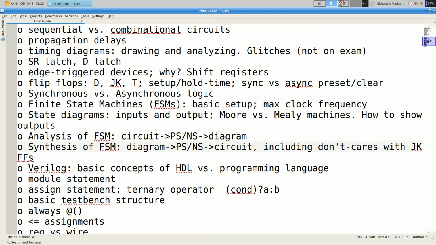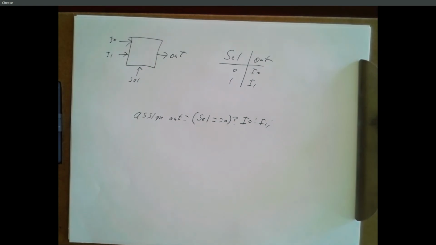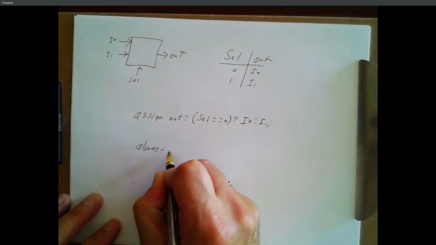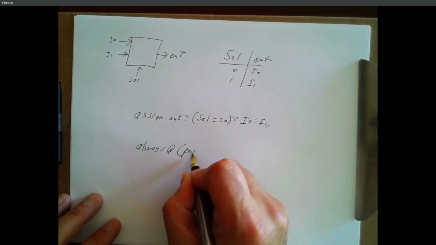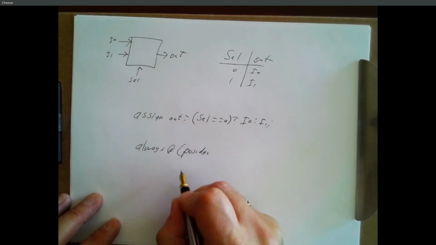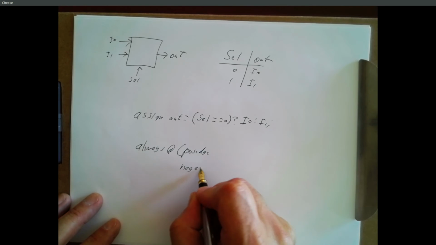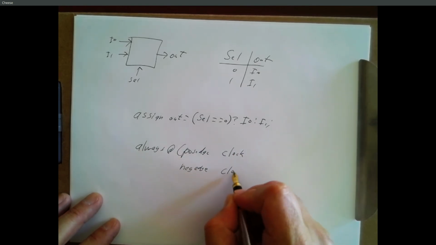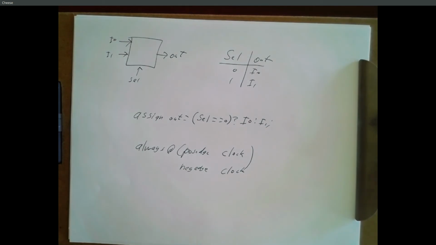Definitely know the always statement, and the main way that we've used always is either always at positive edge or always at negative edge. And this is whatever your clock is, typically it's clock, but that's just a name.